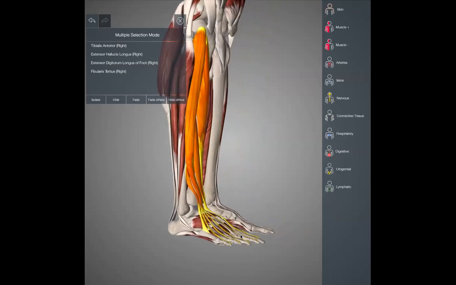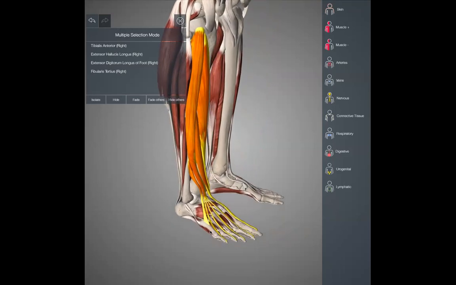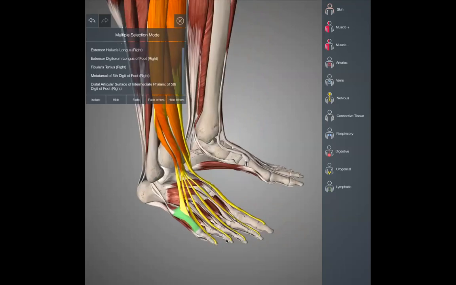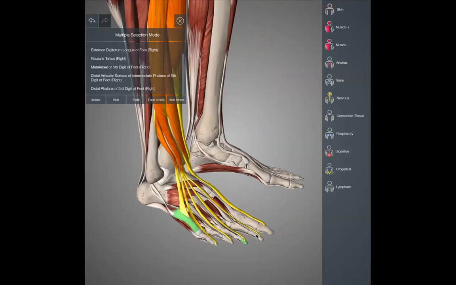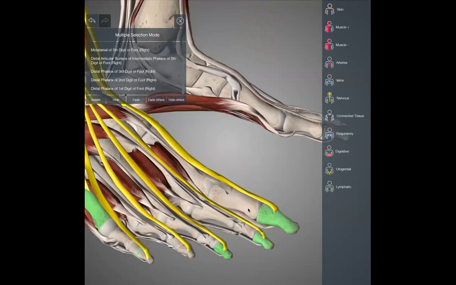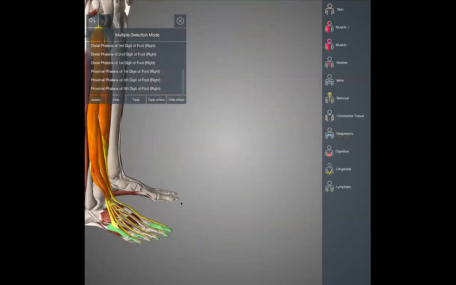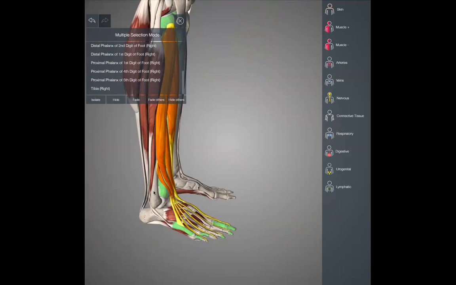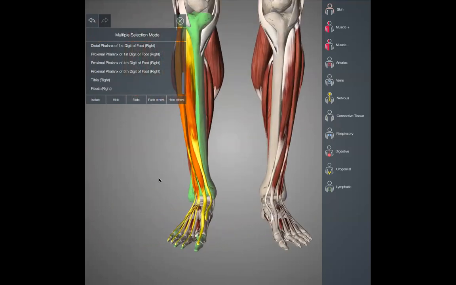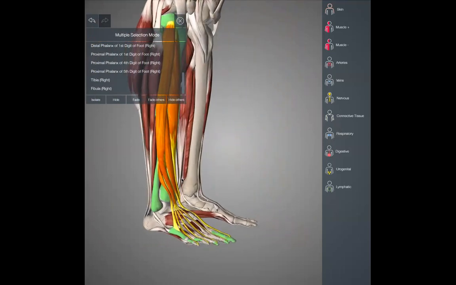How can we select it? Maybe we can just get the tips of them. Just to give you an idea. And I would need tibia, fibula. Yep, maybe this will do it.